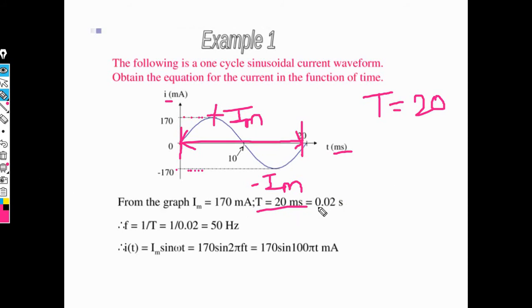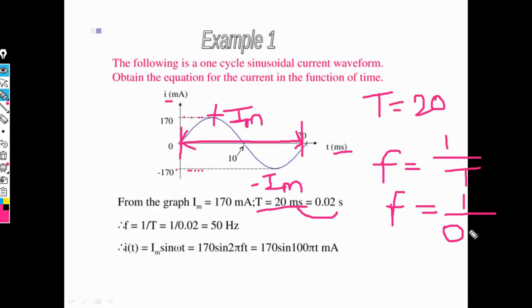For the frequency, we need f is equal to 1 upon t. Putting in the time converted into seconds, f is equal to 1 upon 0.02. Then we obtain f is equal to 50.